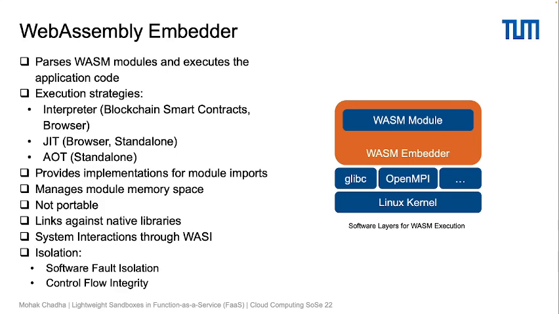So there are embedders which just do an interpreter, for example, how Python does it, right? And there are embedders which do have JIT strategies, for example, Wasmtime, right? They have just-in-time compilation engines for generating machine code using different compiler backends.